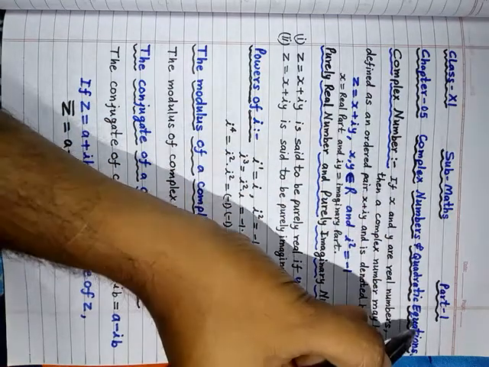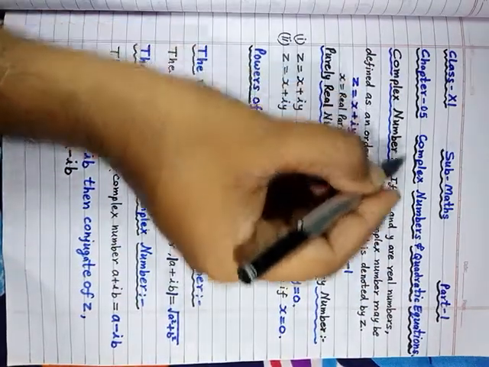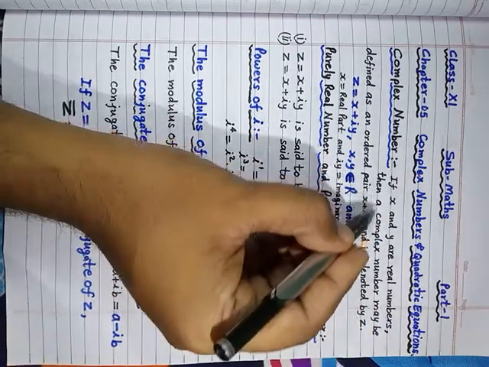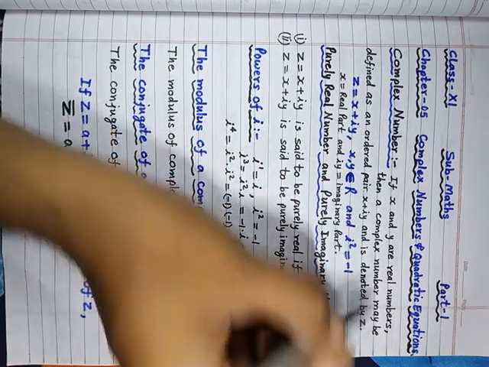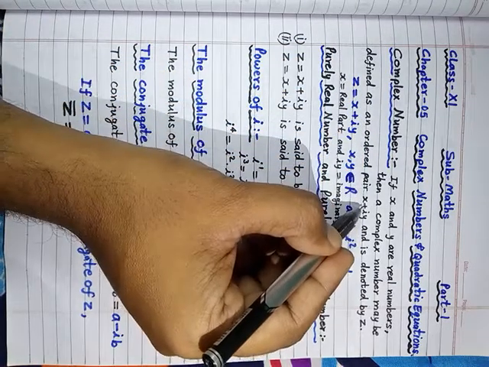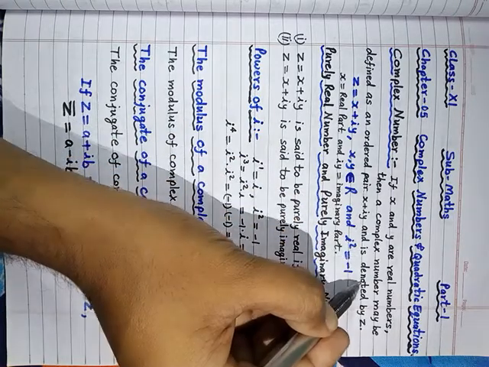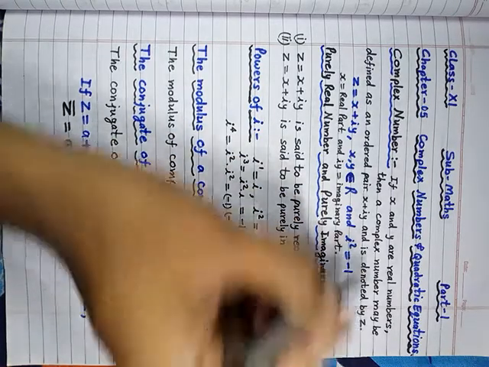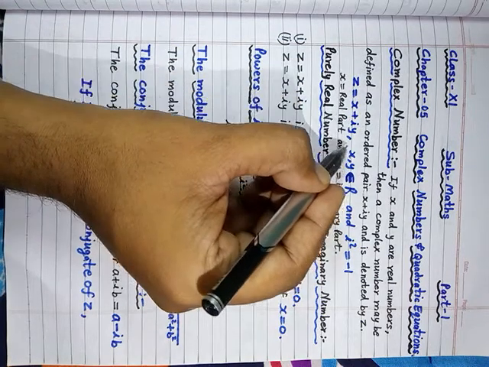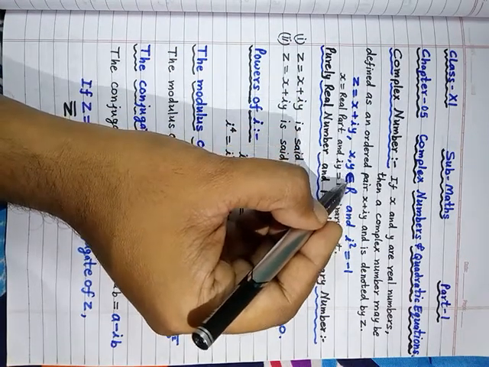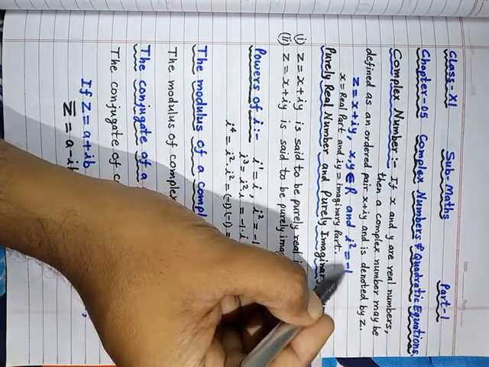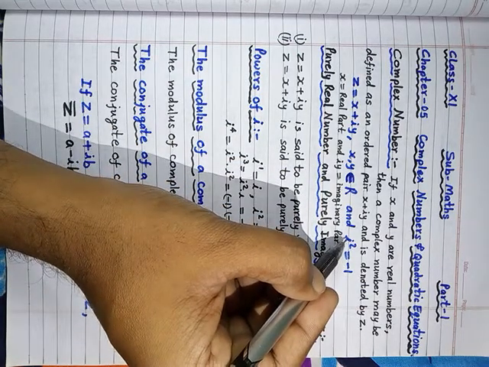Complex numbers and quadratic equations. Complex number: if x and y are real numbers, then a complex number may be defined as an ordered pair x plus iy and is denoted by z. z is equal to x plus iy, where x, y belong to R and i squared is equal to minus 1. i is an imaginary number.